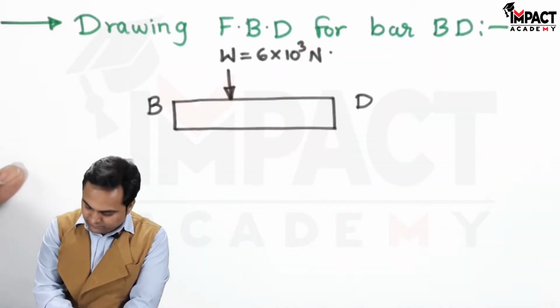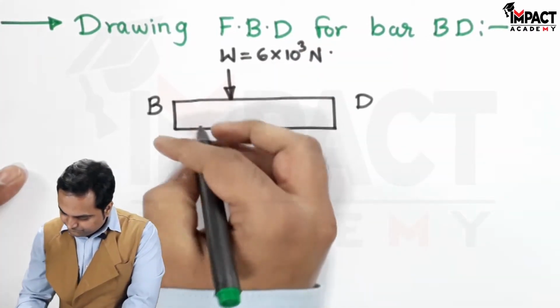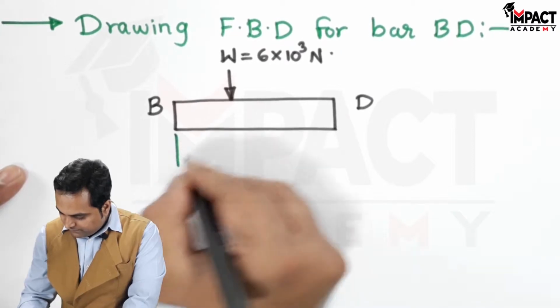The distance of the load is given from end B and D.